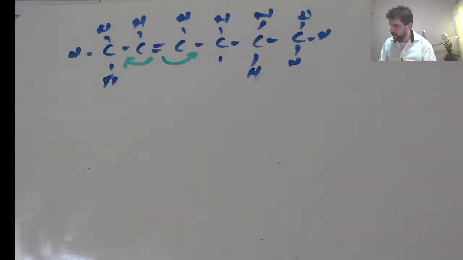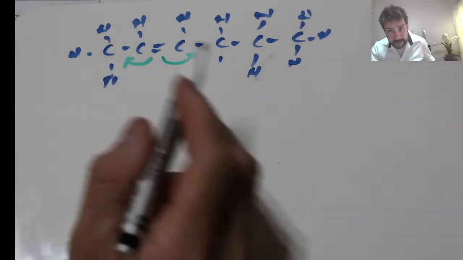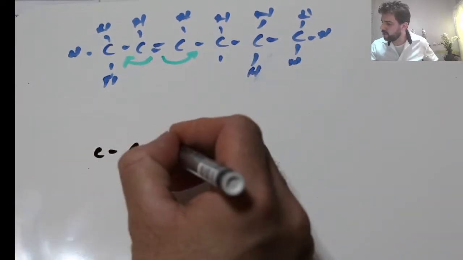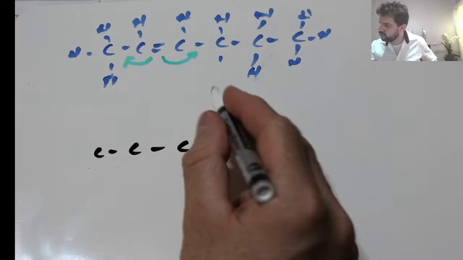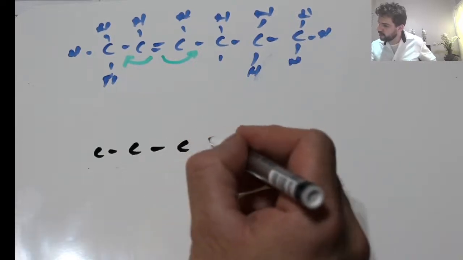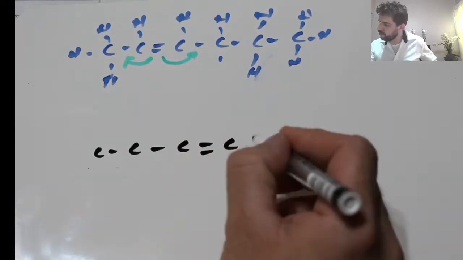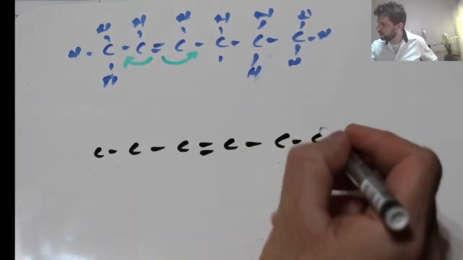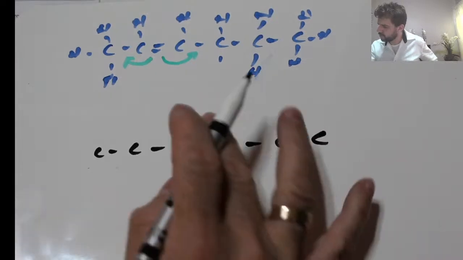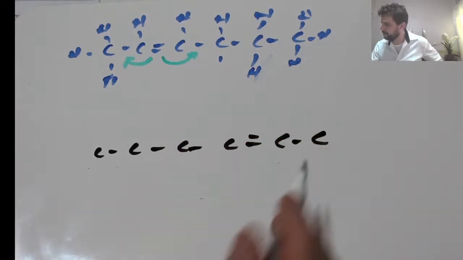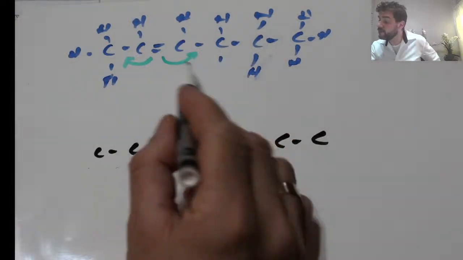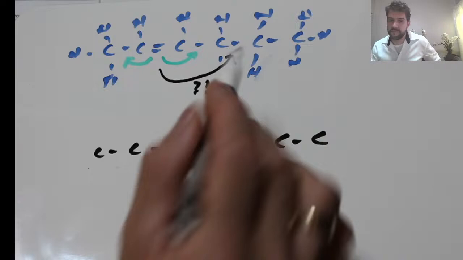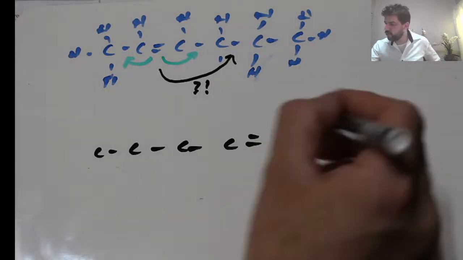So the option, let's say, for instance, you move this one to that carbon. So you will have carbon, carbon, carbon, double bond here, carbon 1, 2, 3, 4, 5, and 6. Let's say you move it to this carbon there.